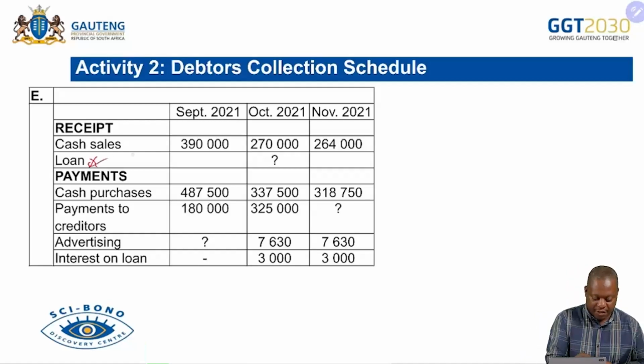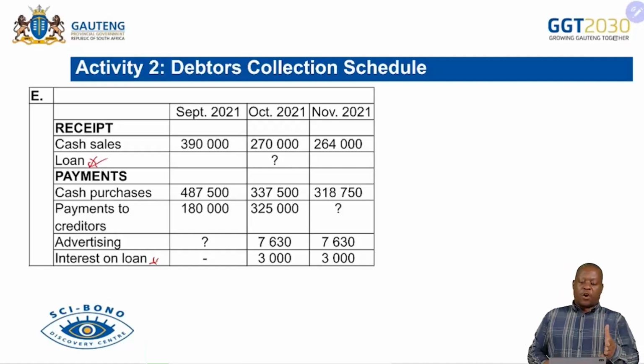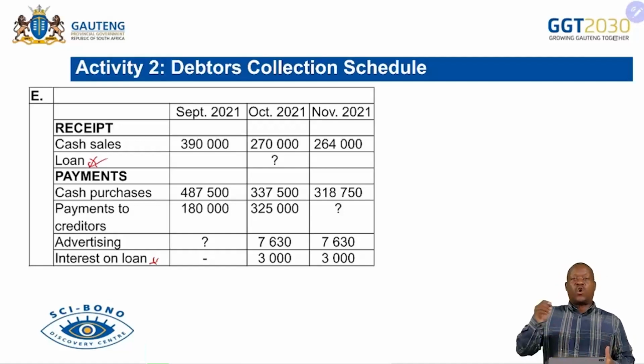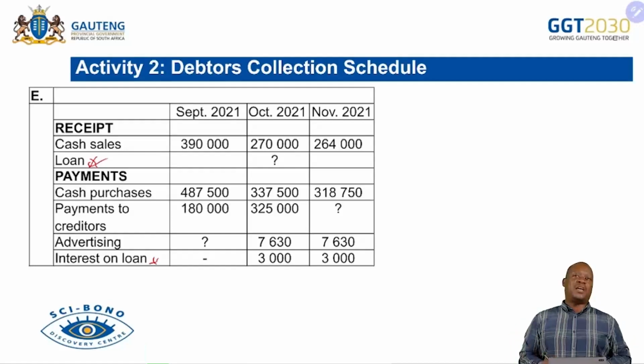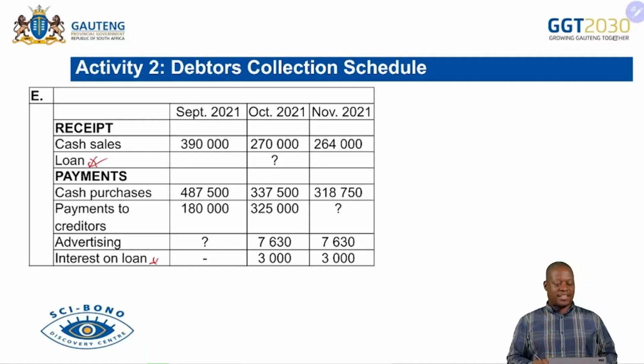The loan, we got it in October. Before that, there was no loan, so we were not paying interest on loan. But the minute we have got a loan, we start paying interest. There's a relationship between the two. Let's see where it takes us to.